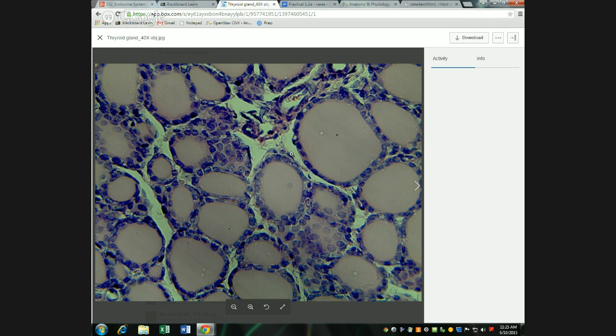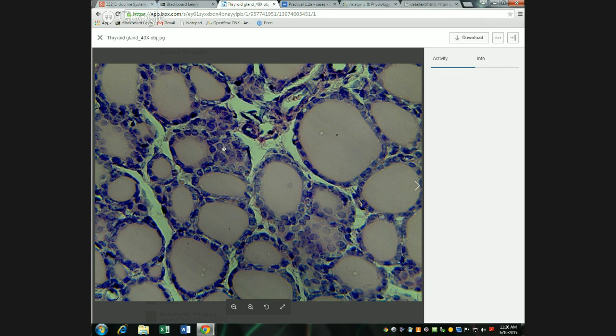It's not in simple or stratified layers. It doesn't have squamous or cuboidal or columnar cells necessarily. We don't describe it that way. It's just glandular tissue. And we looked at glandular tissue a second ago with the adenohypophysis, or anterior pituitary.